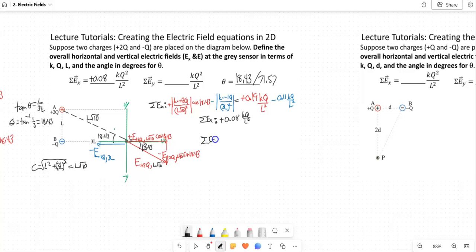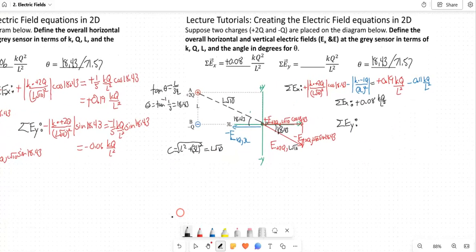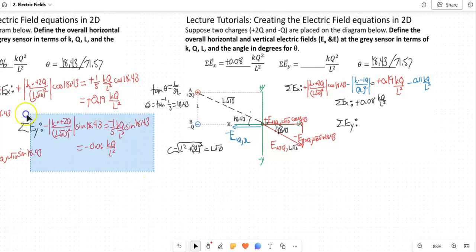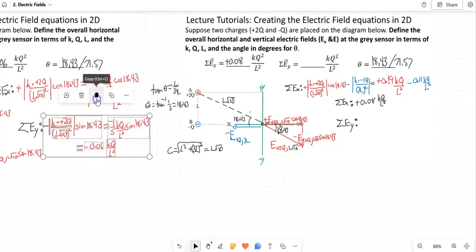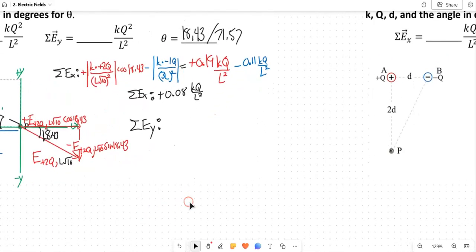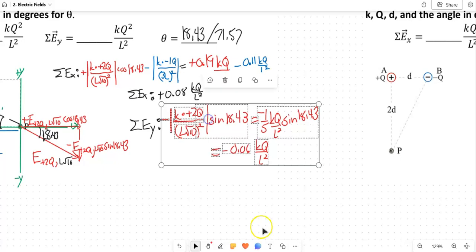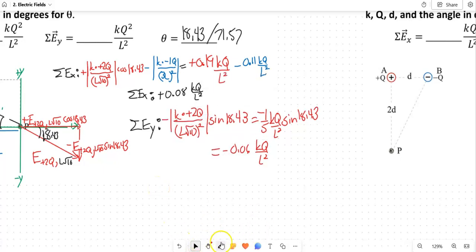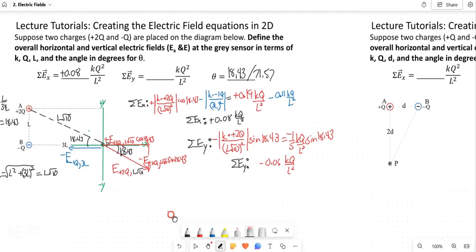In the y direction, we're going to get the exact same thing as we did last time, right? Okay, nothing changed as far as the y direction.